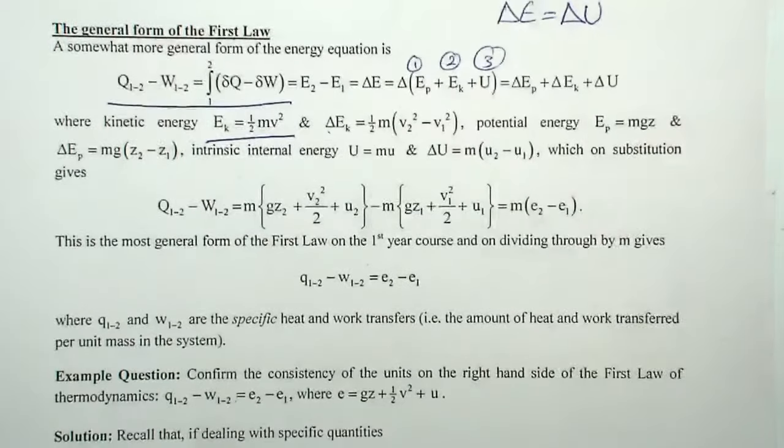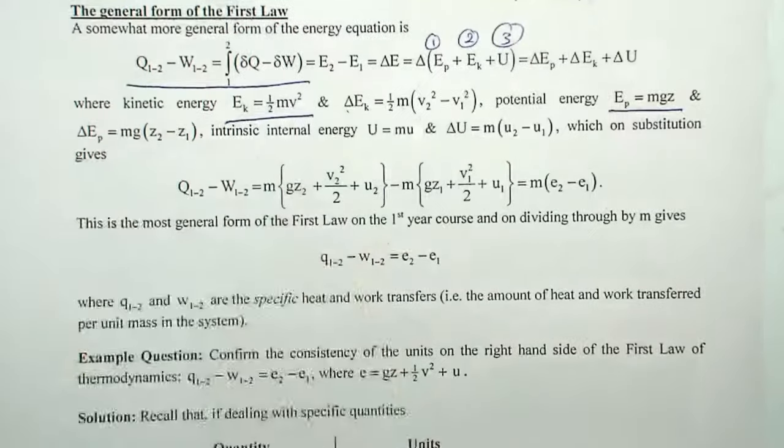The potential energy is normally mgz, with m being the mass again, g being the acceleration due to gravity, and z being the elevation. And of course, the change in the potential energy will be the change in the elevation. Intrinsic internal energy is just simply U. It doesn't have an equation as such. It's not like kinetic energy or potential energy, because it's more of a physical definition, a physical property.